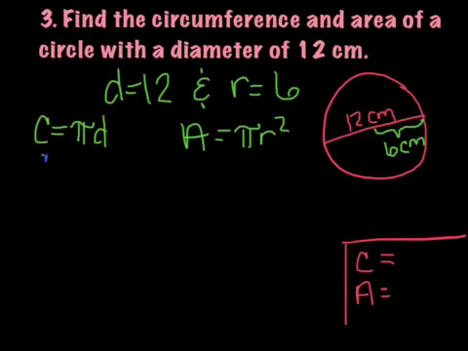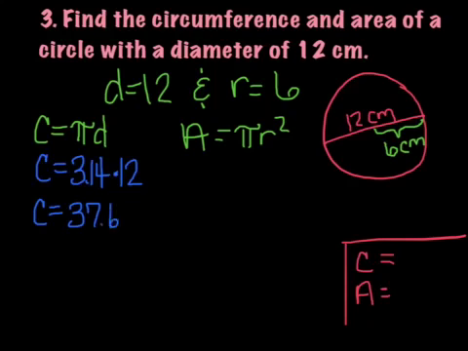Let's find circumference. Circumference equals 3.14 times the diameter, which is 12. So I just have to multiply 3.14 times 12, and we get that the circumference is 37.68 centimeters. And so whenever we want to round that to the nearest tenth, it would be 37.7 centimeters.